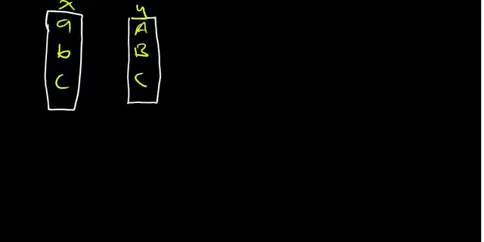Okay, now let's say you have this. Let's say this is x and this is y. Let's have a, b, c, and then here we have capital A, B, C. Now let's say this is going here, then this is going there, it's also going there.